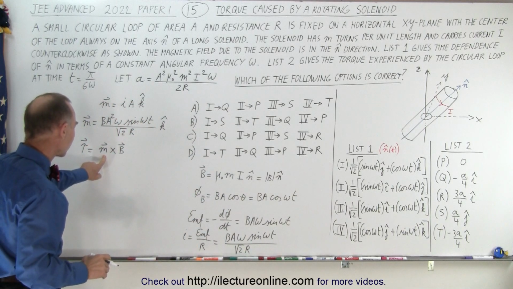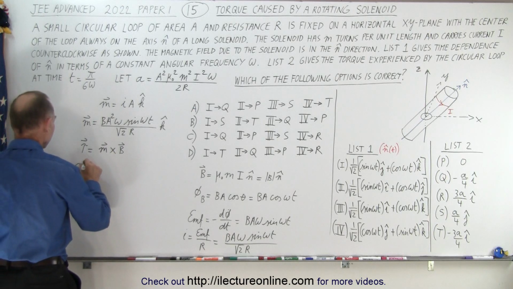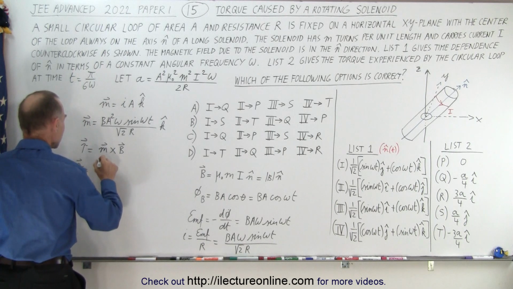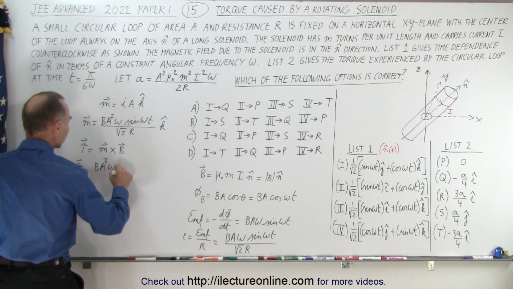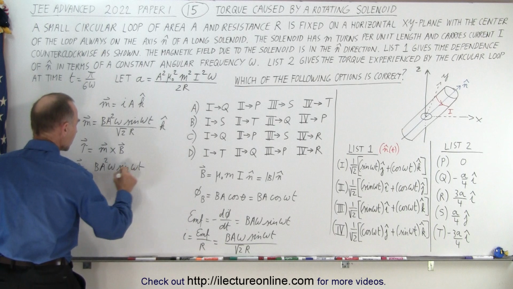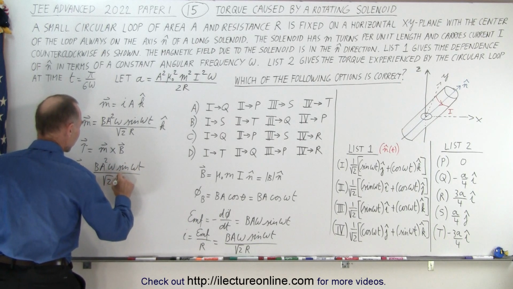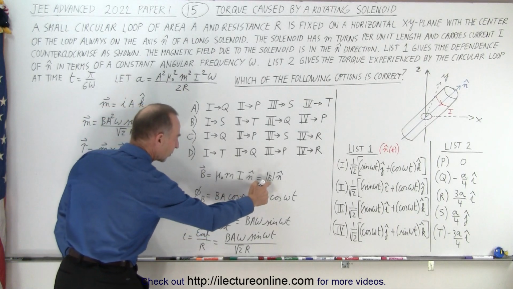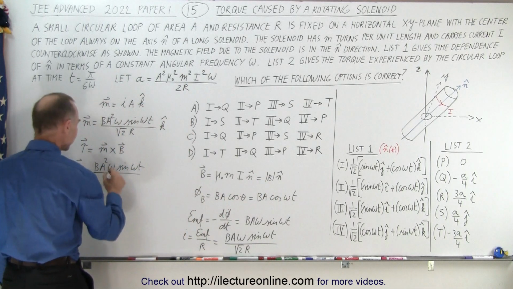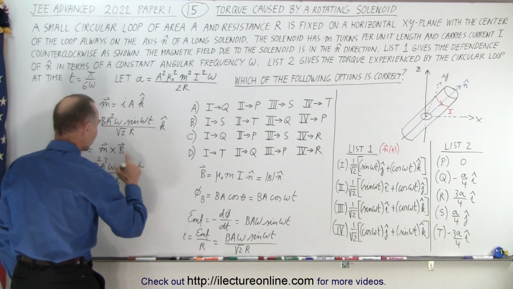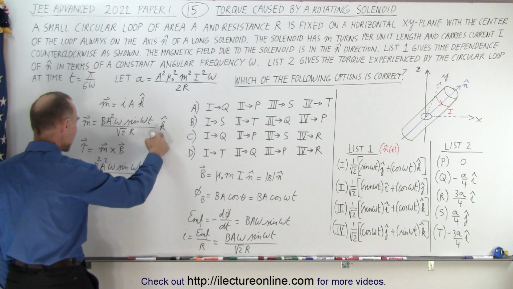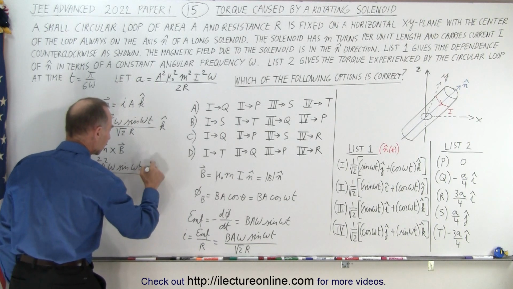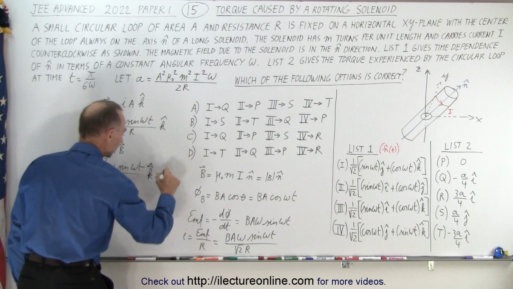So then when we do the cross product here, we can say that the torque therefore is equal to the magnetic moment, which is this. That would be BA squared omega sine of omega t divided by the square root of 2 times R times B, and B, well, we could simply say it's B times the direction in the n direction, so this becomes B squared, and then we're going to have k crossed with n, like this.